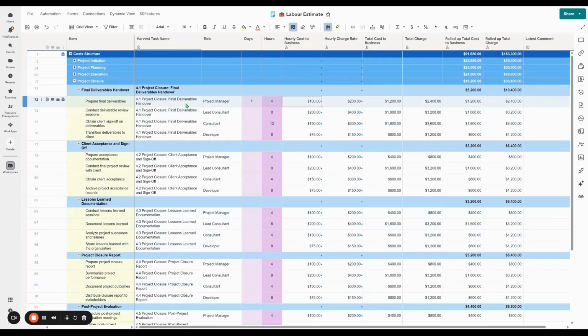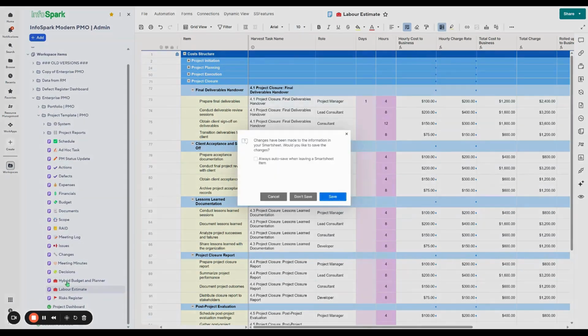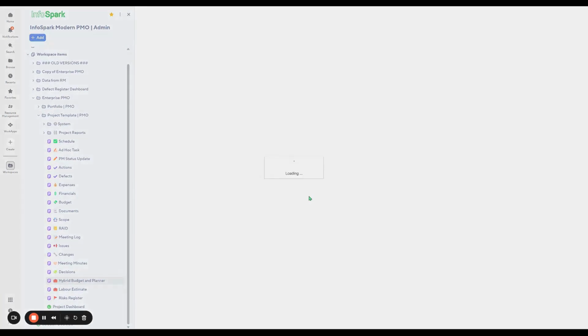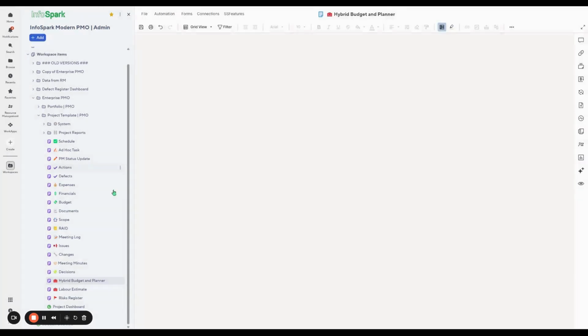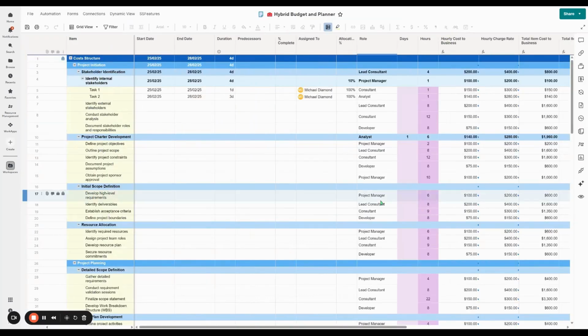But then the natural place this can go is to then use this exact same tracker for delivering the project as well. And so what we've got is an option for our customers in our enterprise PMO of just using this as a standalone labor estimate sheet or moving into a hybrid sheet which will handle the labor estimates as well as the delivery.